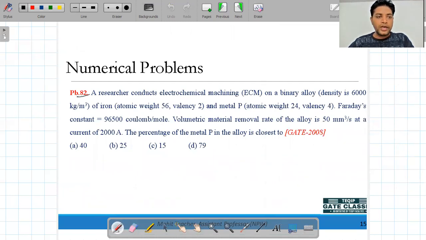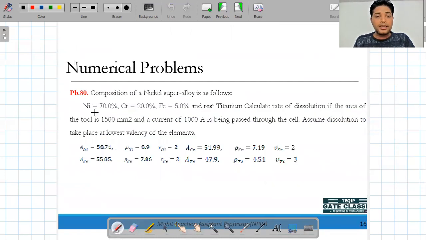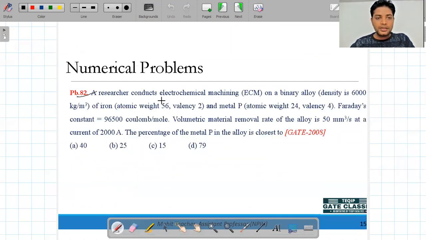One more problem that we are going to discuss, and the next problem I will give you in the homework part. A researcher conducts electrochemical machining. This problem was asked in GATE 2008, conducted by IISc Bangalore. A researcher conducts electrochemical machining operation on a binary alloy. Binary alloy means two materials are there, the combination of two separate materials.